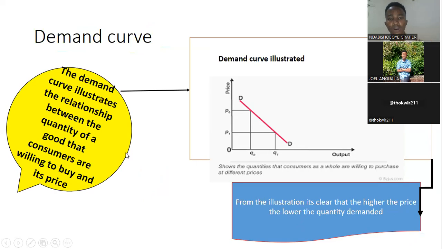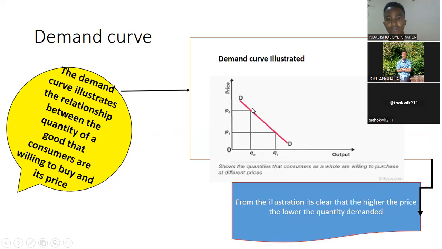So we get to know that the supply curve and demand curve behave inversely, which means for the supply curve, as the price increases, more of a commodity is supplied. But for the demand curve, it is different: the higher the price, the lower the demand.